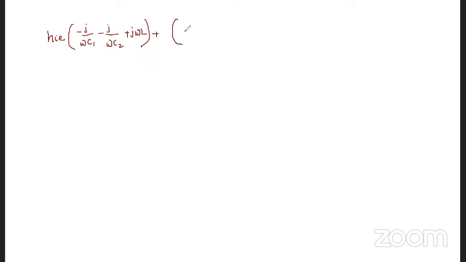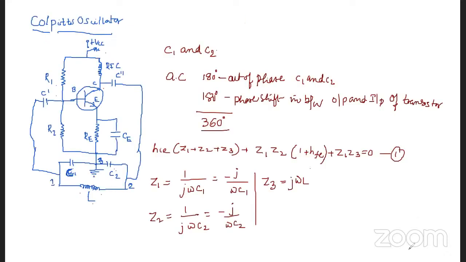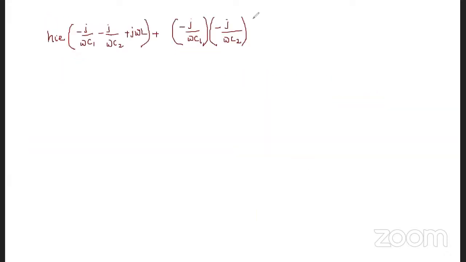Z1 is nothing but minus j by omega C1 into Z2, Z2 is minus j by omega C2. Right. So into 1 plus h_fe here.